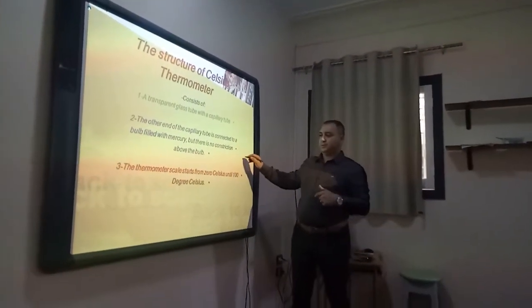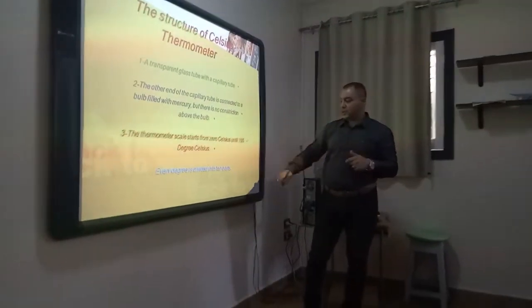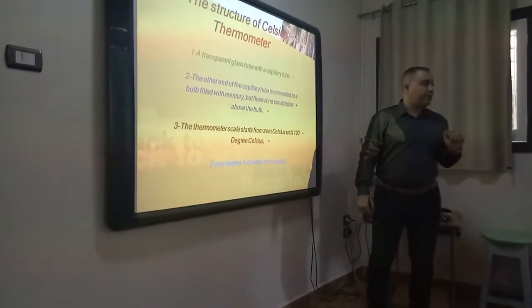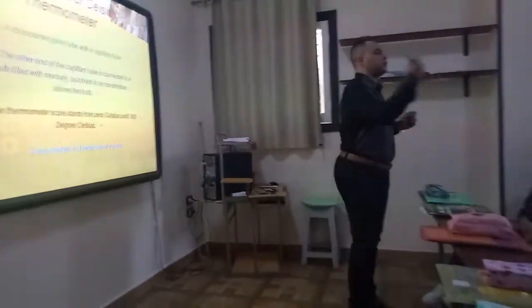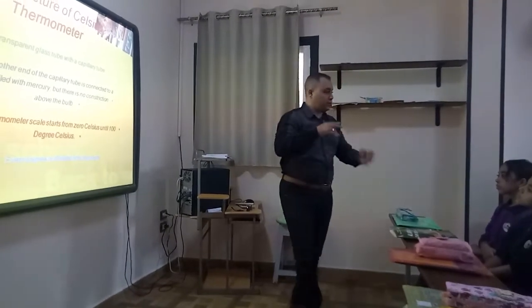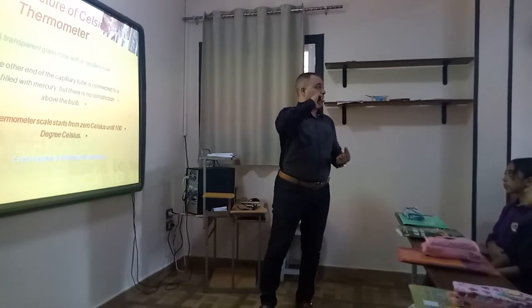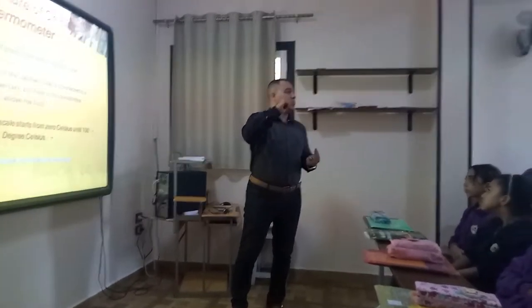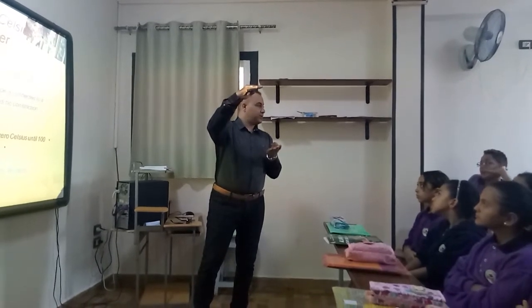After that, every degree is divided into 10 parts, and each part equals 1. Between 0 and 10, 20, 30, 40, and so on till 100. So between 0 and 10, what's the number of dots?